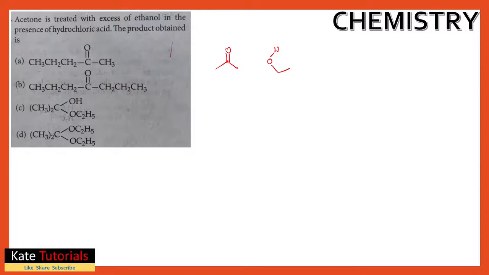Excess of HCl means H plus will be there. The oxygen will be having lone pairs, but this bond can be easily broken because the double bond oxygen is more electronegative, so this H plus will attack here. We will get OH, and this carbon gets a positive charge.